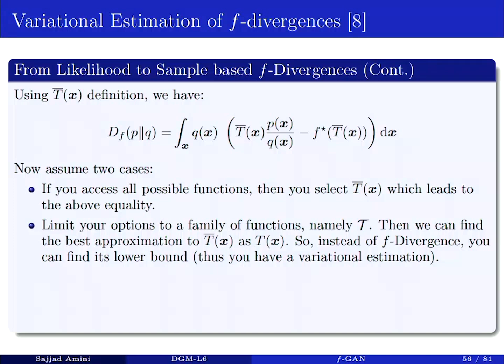If you have a professional critic, that critic can understand the minimum discrepancy between two distributions. But if you limit the capacity of that discriminator, it can easily be fooled, and it cannot understand the discrepancy between your data and model distributions. The discriminator is very important in GANs and other GANs, for example f-GANs, which we will see today.